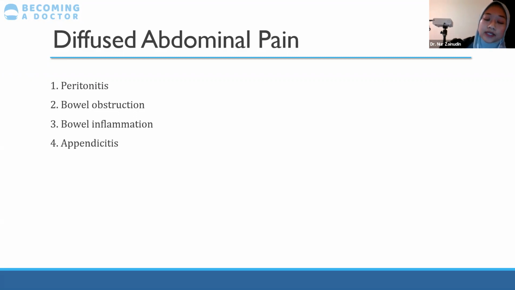Appendicitis, which is early appendicitis or perforated appendicitis, can present with diffuse abdominal pain. And a AAA can also present with diffuse abdominal pain. This depends whether it is a rupture or a leak. Some people present with very mild abdominal pain, so in older male patients, we have to be more cautious.